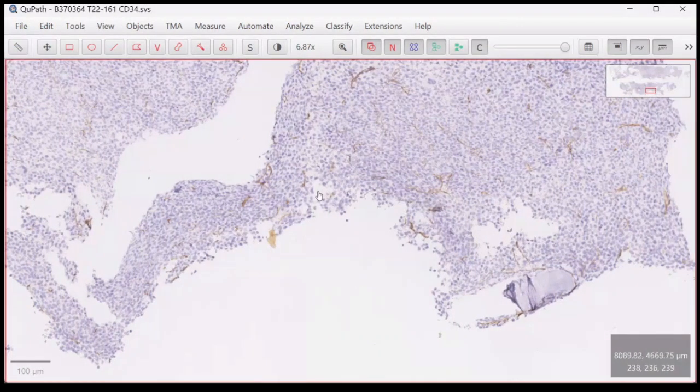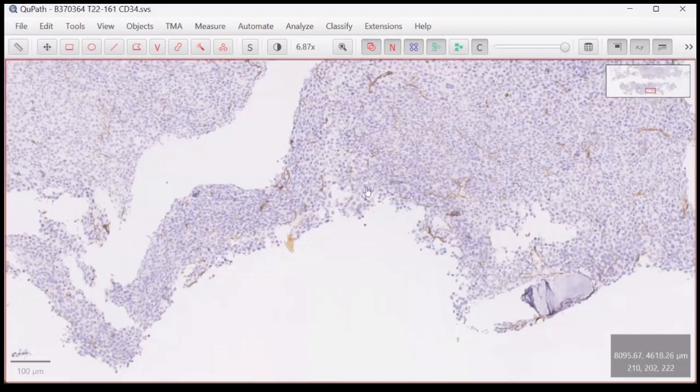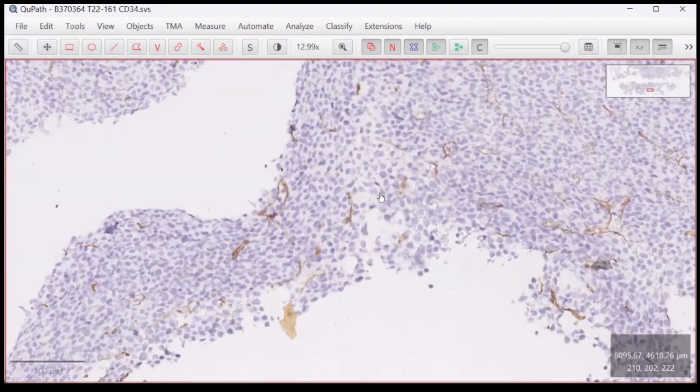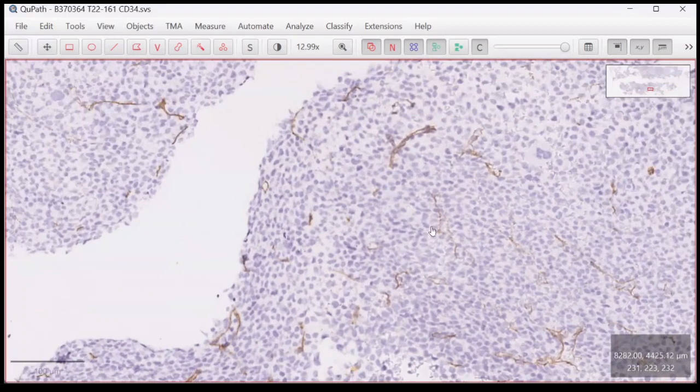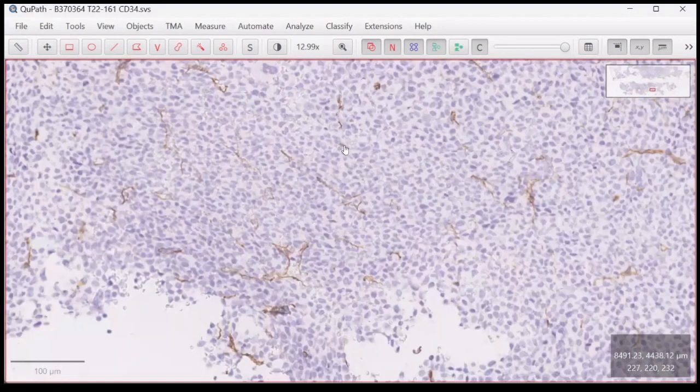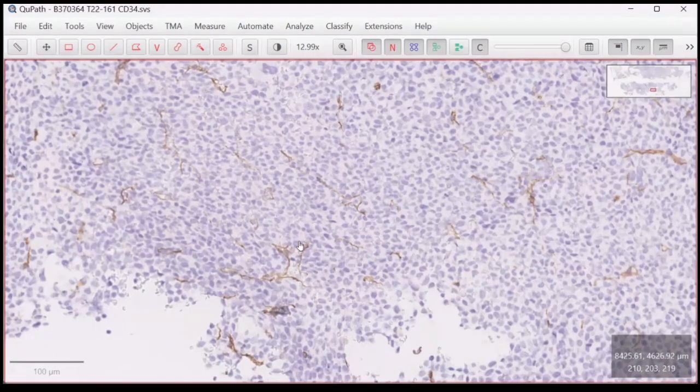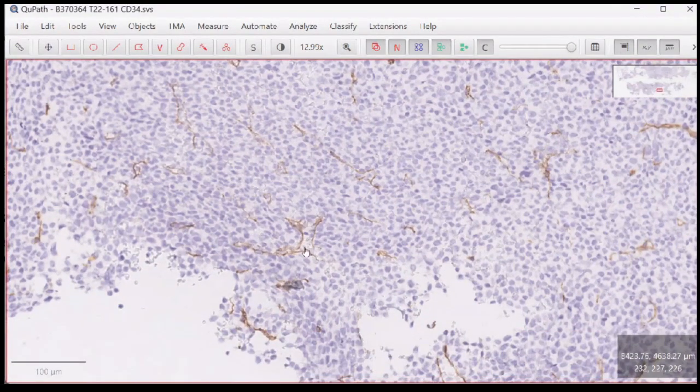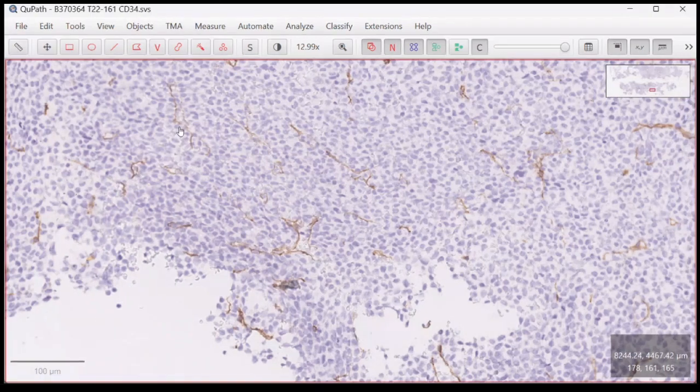In fact, if you notice, some similar cells are present also intravascularly. Here, okay, intravascular cells present.